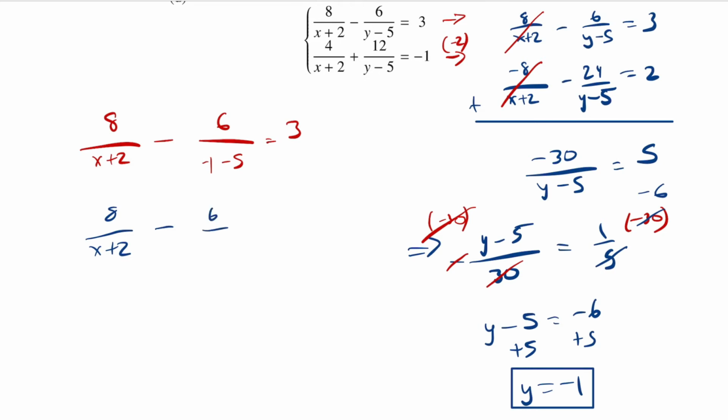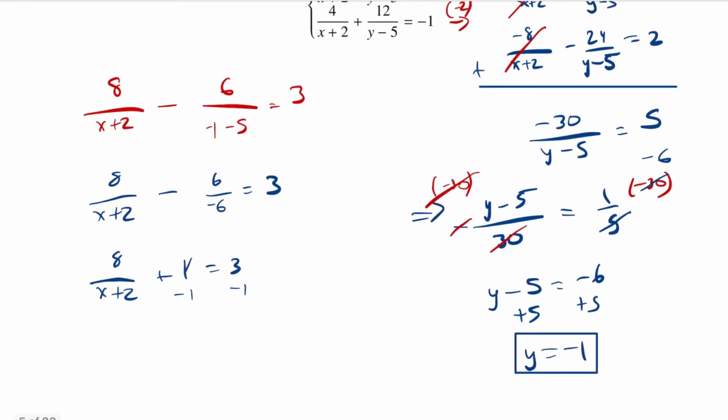Well, this is going to be a negative 1, so this is going to be a plus 1. Subtract 1, you get 8 over x plus 2 equals 2. Take the reciprocal of both sides. Multiply both sides of the equation by 8.